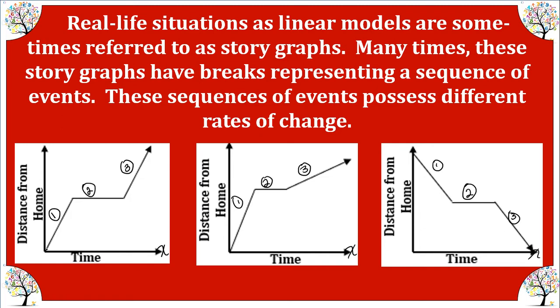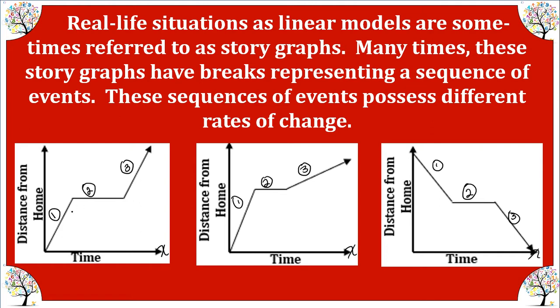So as time goes by, someone is leaving their home and they are either in a car or they're walking or whatever it may be, and they're going at this pace. And then time goes by, but they're not going any farther. So maybe they took a rest or made a stop, and then they continue on their journey.